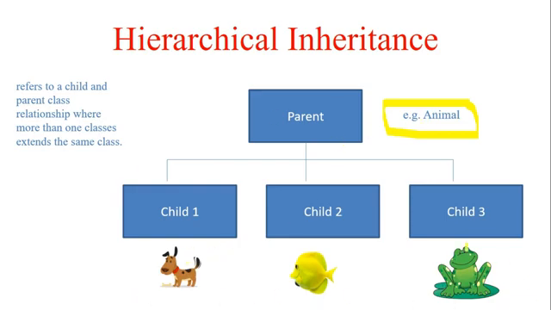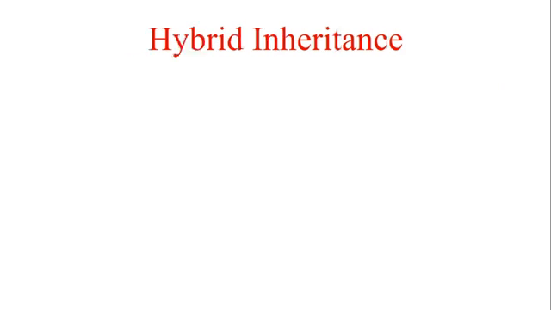All of these have some common functionality which is implemented from the parent, which is that it has 2 eyes. So dog also has 2 eyes, fish also has 2 eyes, frog also has 2 eyes, which is a common functionality inherited from the parent, that is animal. So this is hierarchical, that is you have multiple children extending the same functionality from a parent.